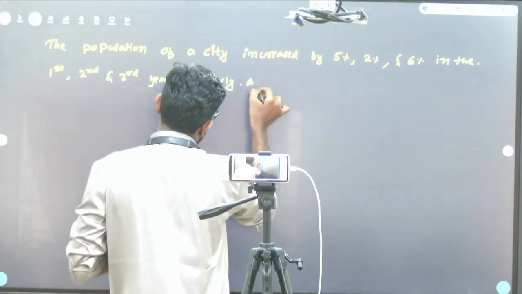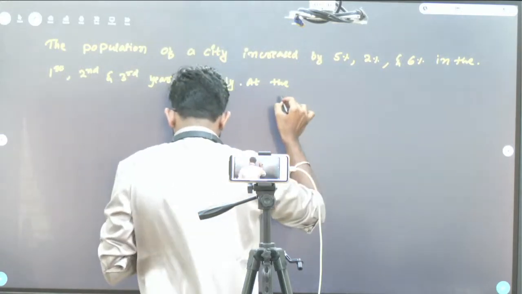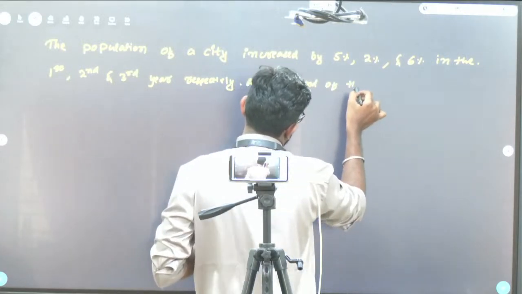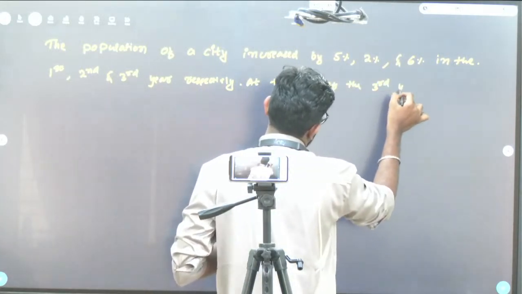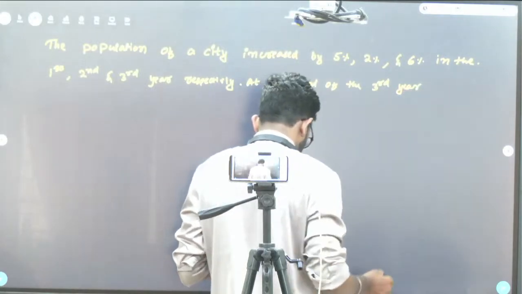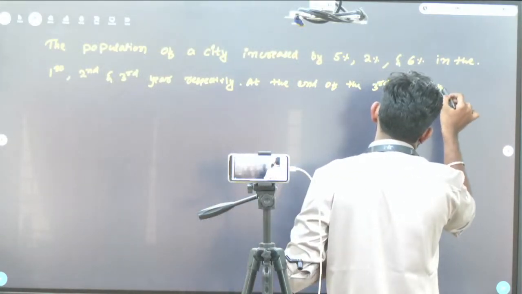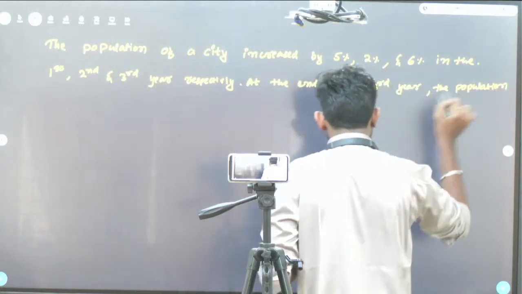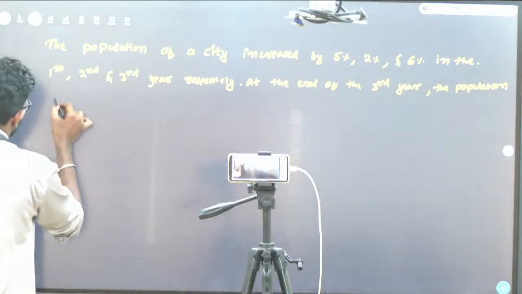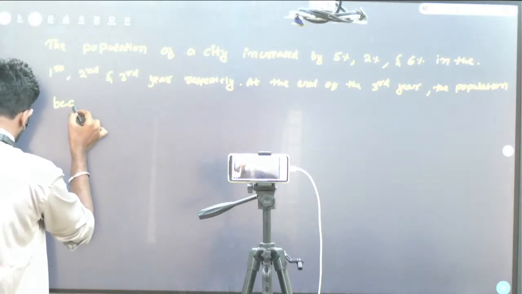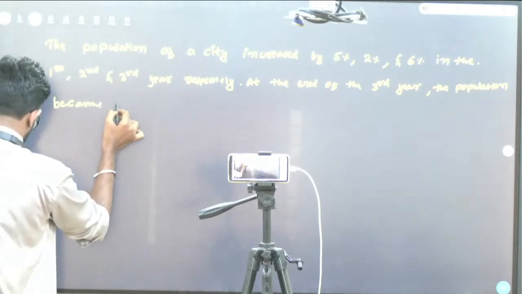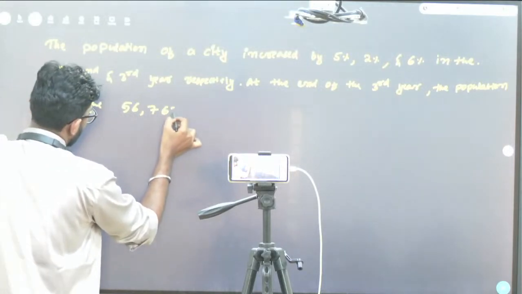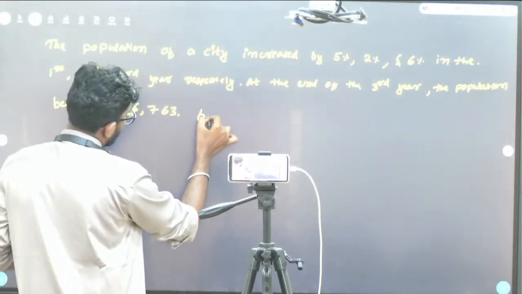At the end of the third year, the population became 56,763. Find the initial population.